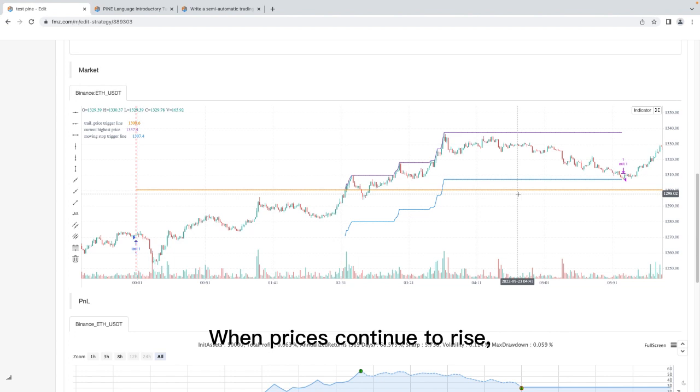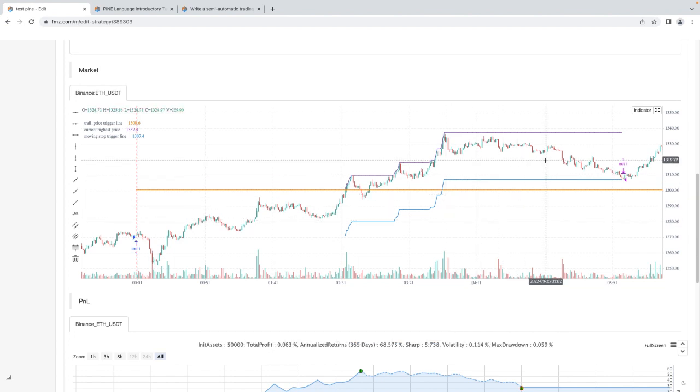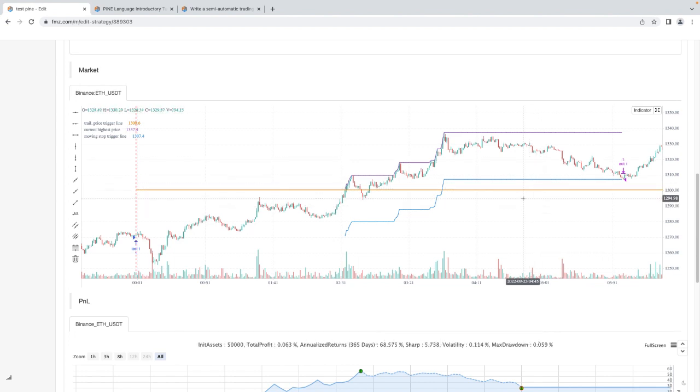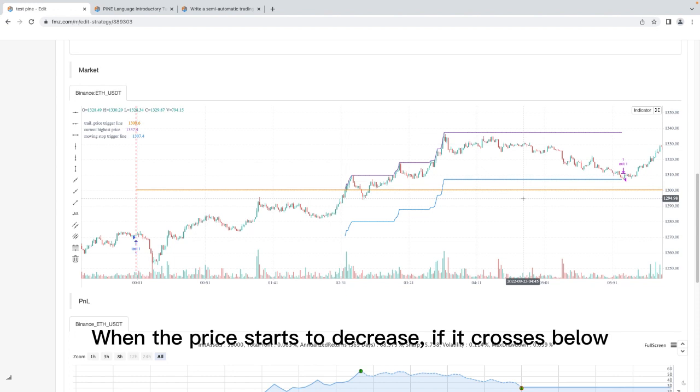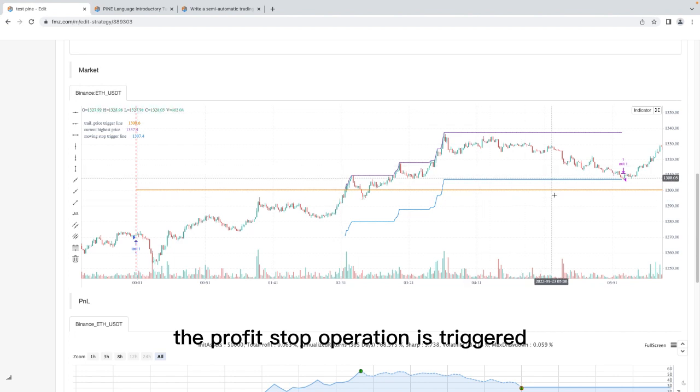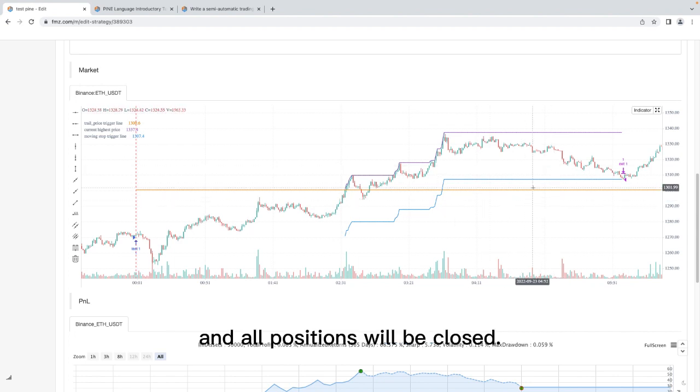When prices continue to rise, the profit stop line will continue to rise. When the price starts to decrease, if it crosses below the stop profit line, it means that the profit stop operation is triggered and all positions will be closed.